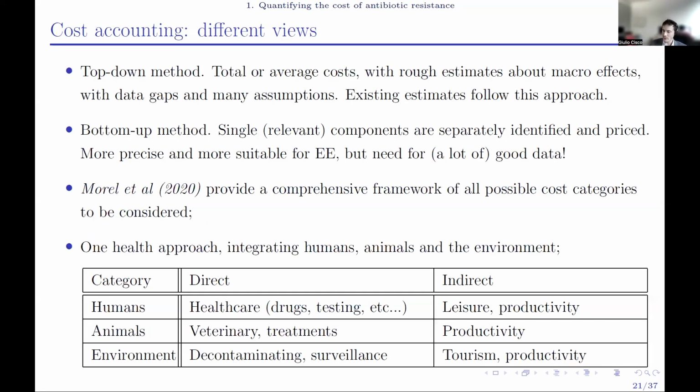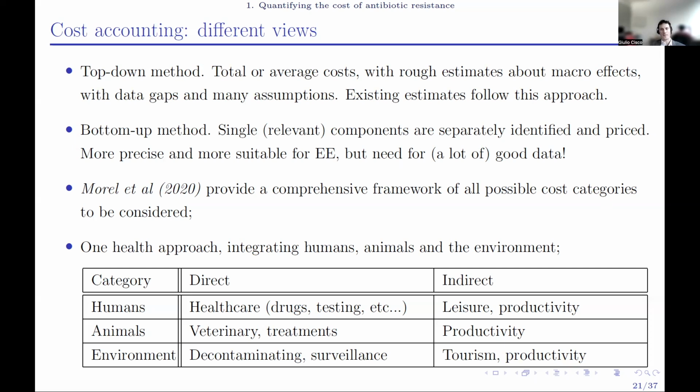One of the main problems about this inconsistency in the numbers about resistance cost is that the methods applied to cost accounting are different. In the figures that I showed you, for example the estimation in the US or in Europe, they used what is called top-down methods.